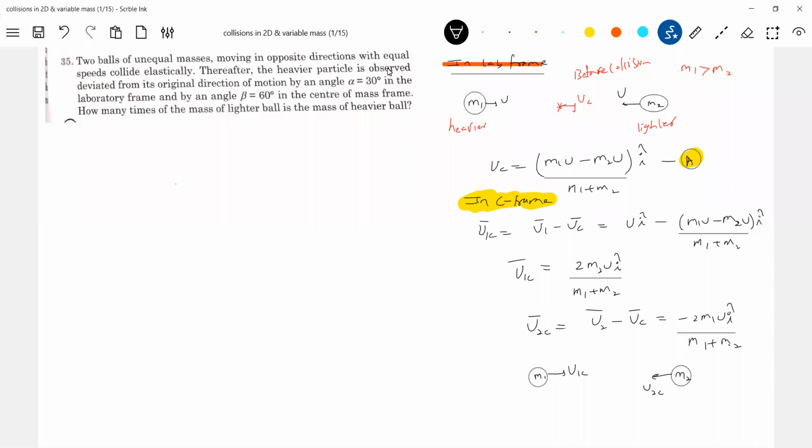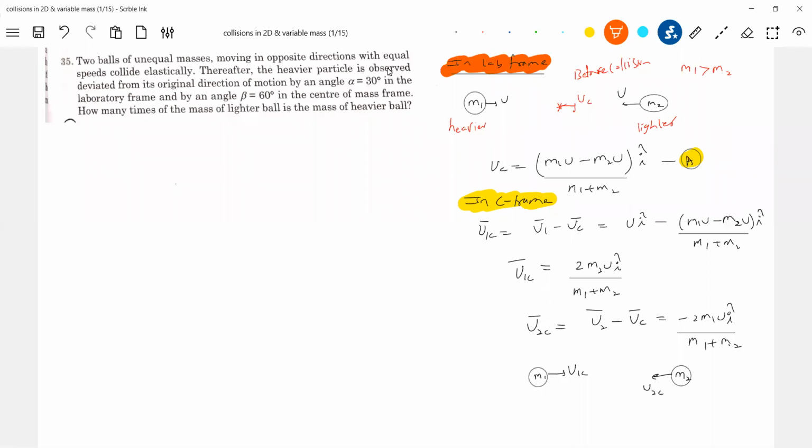And now what is the momentum with respect to the center of mass? This is all before collision. Momentum with respect to the center of mass is always 0.